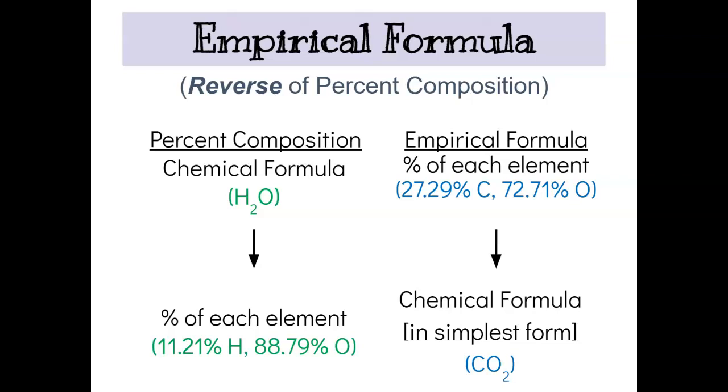What I mean by that is that all of the subscripts are no longer divisible by a common factor, and it's in its simplest form. I'm going to show you how to go from the percentages to the formula today. Yesterday we went from formula to percentage. Today we're doing the opposite, going from the percentage to the formula.